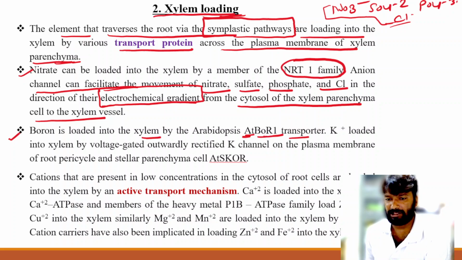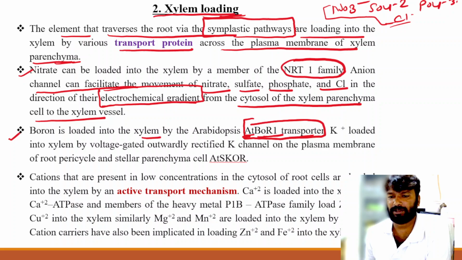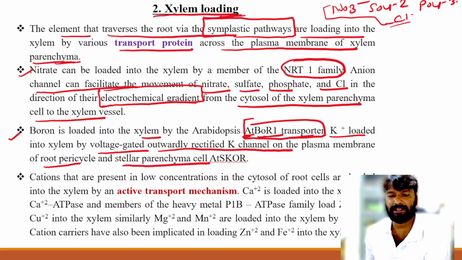Okay, तो AtBOR1 involved in the boron transport. Potassium is loaded into the xylem by voltage gated outwardly rectifying potassium channels on the plasma membrane of root pericycle and the stelar parenchyma cells, Arabidopsis thaliana SKOR. Okay, so these transporters are involved for the potassium load.